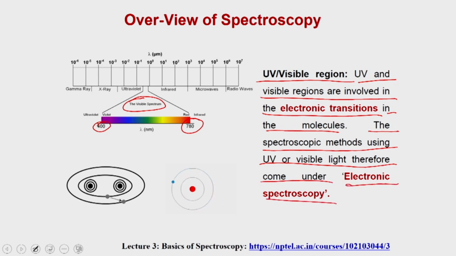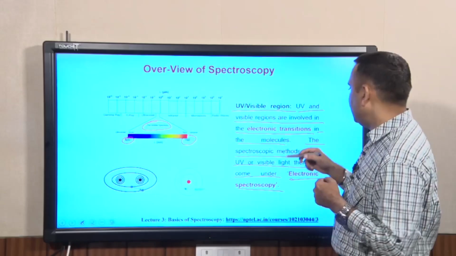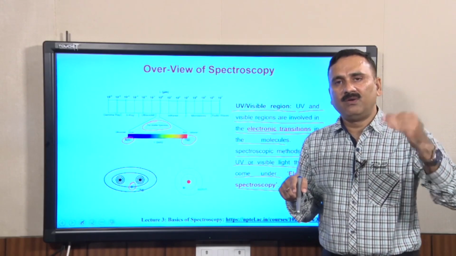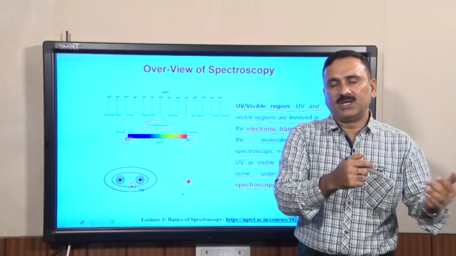What it means is that it studies how the atoms and molecules undergo electronic transitions, which means how the electron goes from the low energy state to the high energy state and from the high energy state to the low energy state.